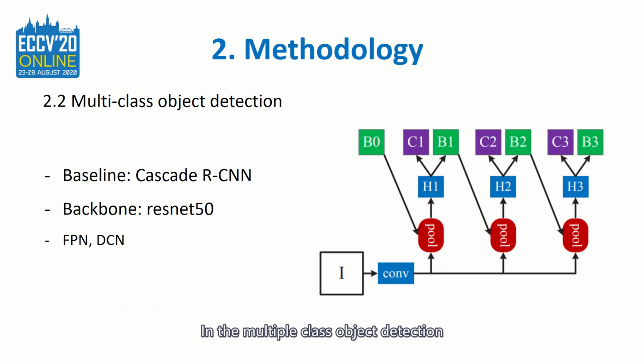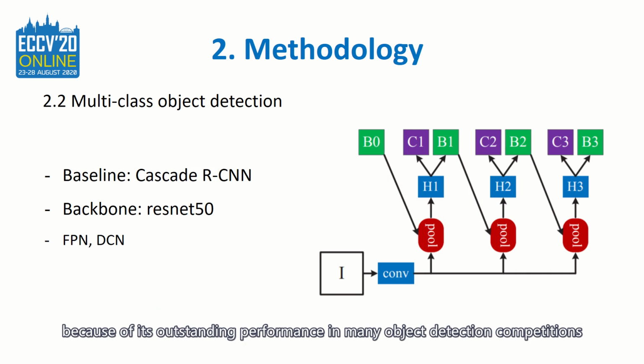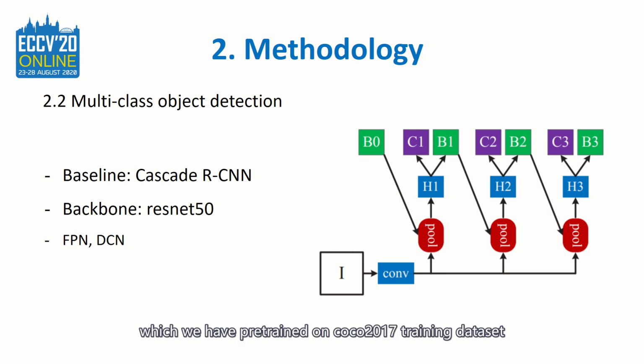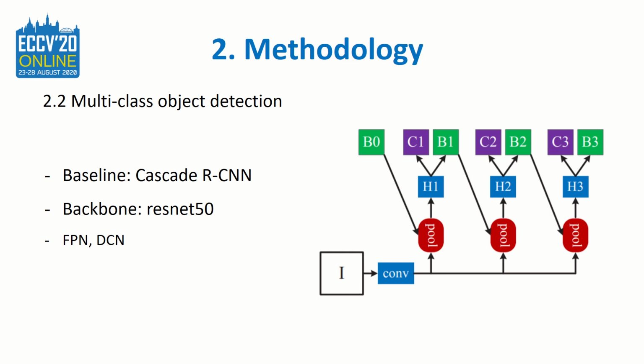In the multi-class object detection, we adopt Cascade R-CNN as our baseline because of its outstanding performance in many object detection competitions, and choose ResNet-50 as the backbone, which we have pre-trained on the COCO 2017 training dataset.